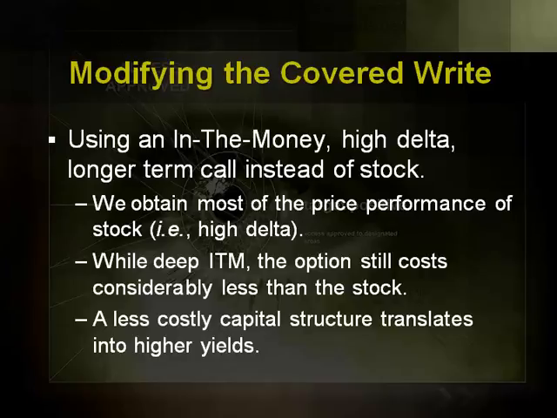And even though the option is going to be deep in the money, it still will cost a lot less than owning the stock. And that less costly capital structure means that our yield is going to be higher. And when I say yield, what I mean is our return on risk.